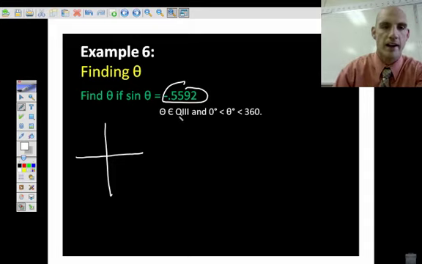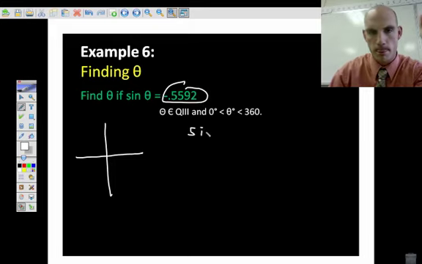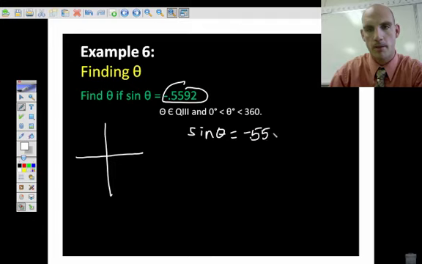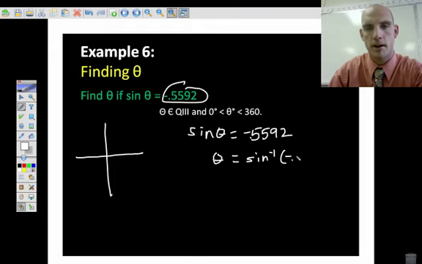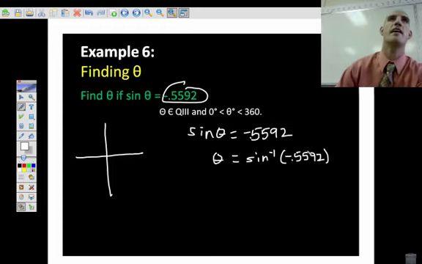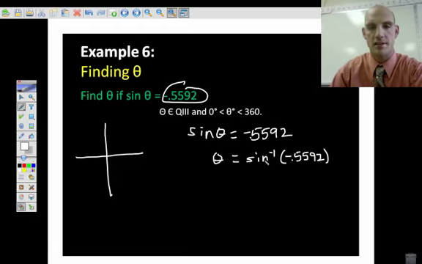If the sine of theta is equal to negative 0.5592, then we are going to find theta by saying theta is equal to the inverse sine of negative 0.5592. And this is going to give us a theta, but really it's going to be a theta hat because it's going to give us an angle.